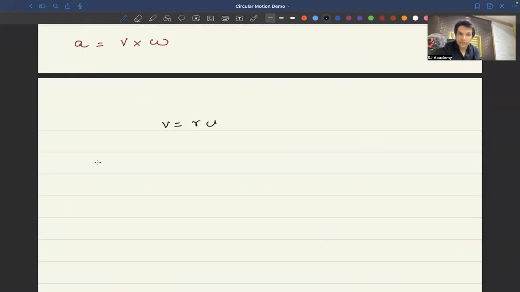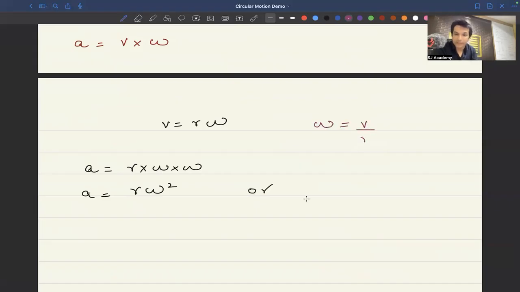Now in place of v, we can write r omega. So this can be written as r into omega, which is acceleration given as r omega square, or we can also use angular speed is equal to v upon r, depending on what information is given.